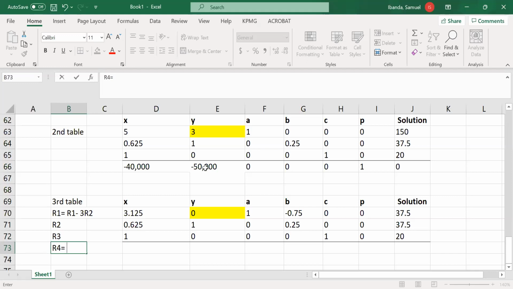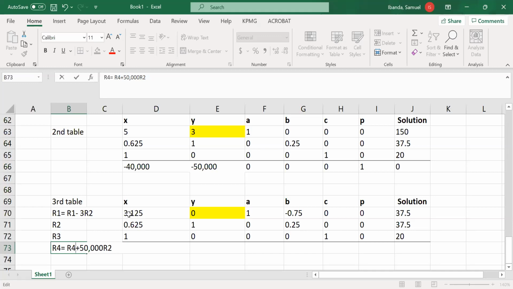It's going to be the old row 4, this negative 50,000.